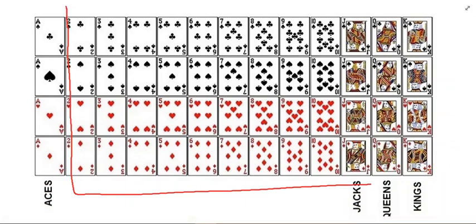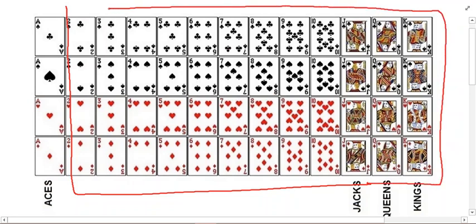We're going to exclude the aces. The full deck has 52 cards, and we're going to take out the 4 aces, so we're selecting from the 48 remaining cards: the numbered cards, and the jacks, the queens, and the kings.